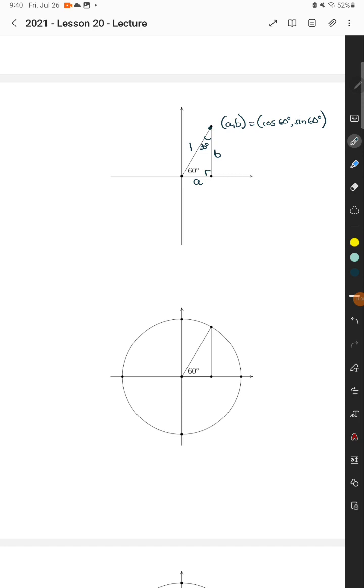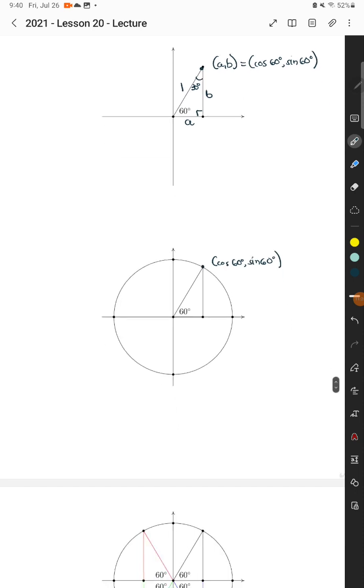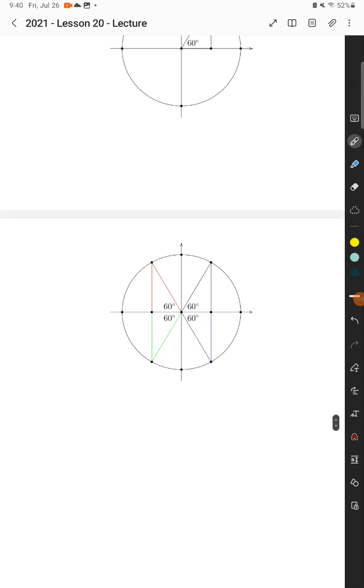Then upon drawing the unit circle, we have that this particular point A, B, or this point cosine 60, sine 60, also lies on the unit circle, and when reflected about the y-axis, the x-axis, and about the origin, we get these points.